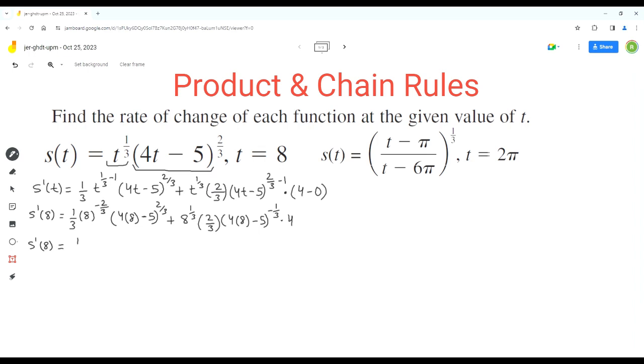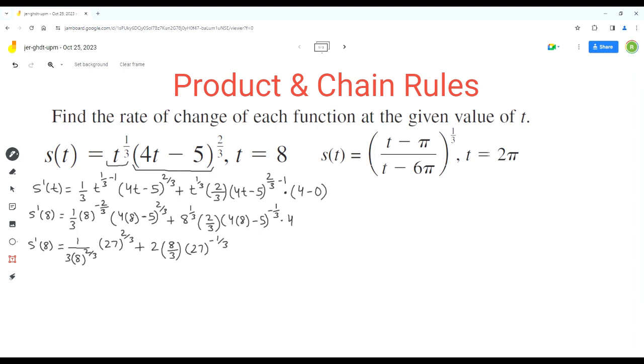Since 8 has a negative exponent, we can move it to the denominator with 3, and that will make the exponent positive, times 4 times 8 is 32 and 32 minus 5 is 27, so we get 27 exponent 2 over 3, plus, now 8 exponent 1 over 3 is equal to 2, so 2 times 2 over 3 can be multiplied to this 4, so we get 8 over 3 times, now 4 times 8 is 32 and 32 minus 5 is 27, and 27 exponent negative 1 over 3.